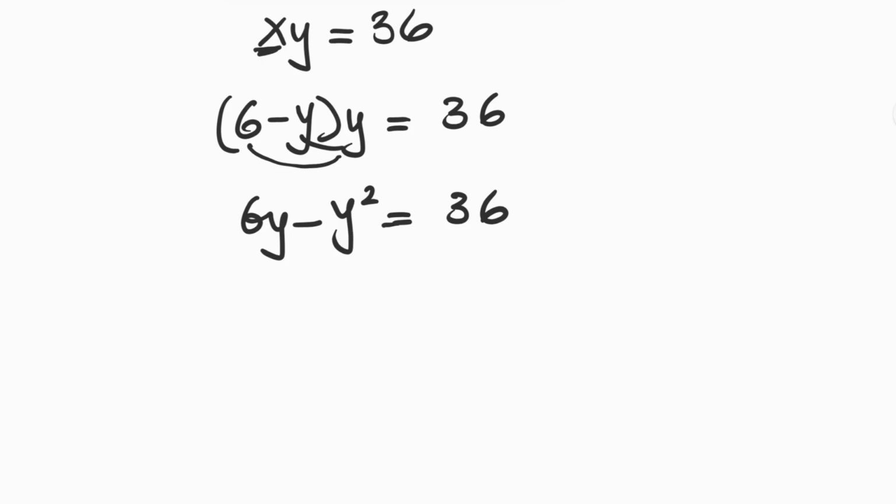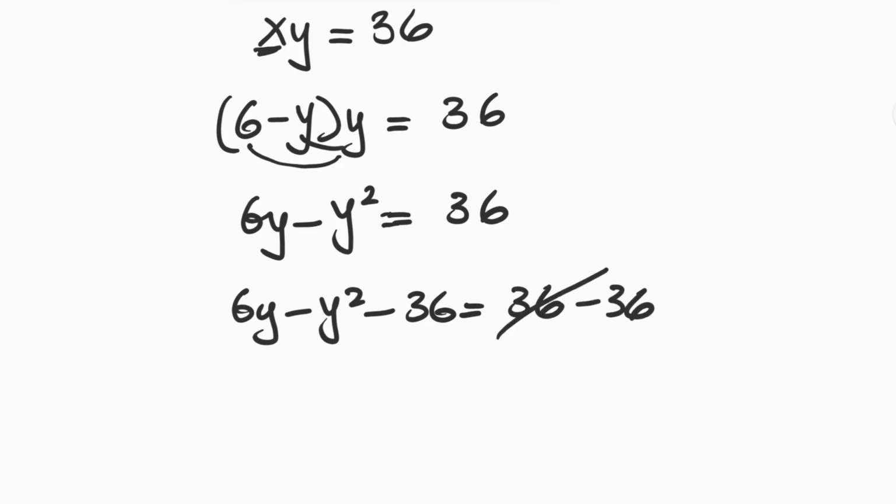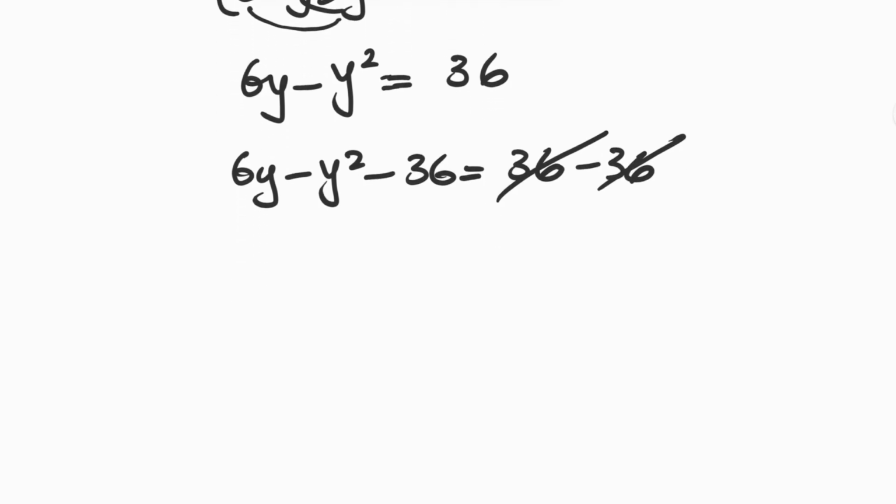Let us subtract 36 from both sides so that we have our equation equal to 0. And so we have 6y minus y squared minus 36 equals 36 minus 36. 36 and 36 cancel out, and then we have minus y squared plus 6y minus 36 is equal to 0.